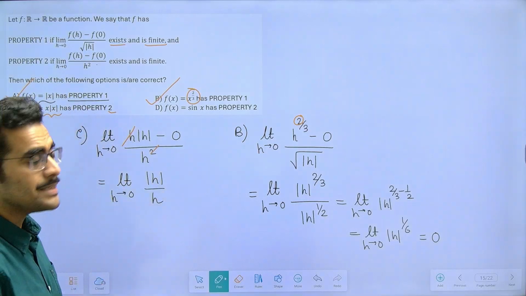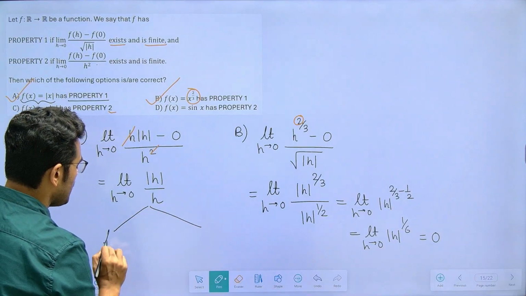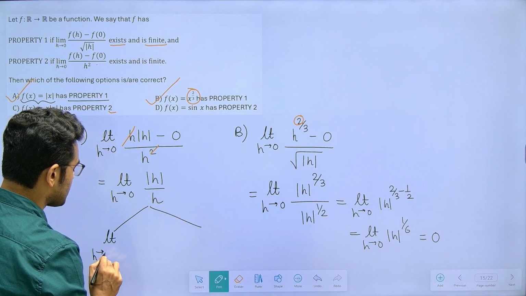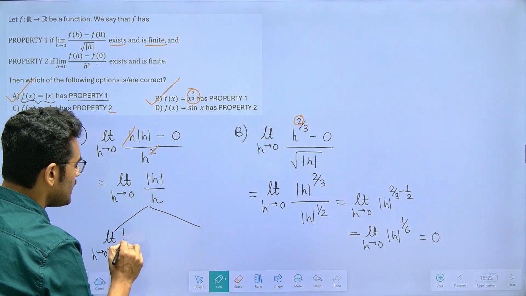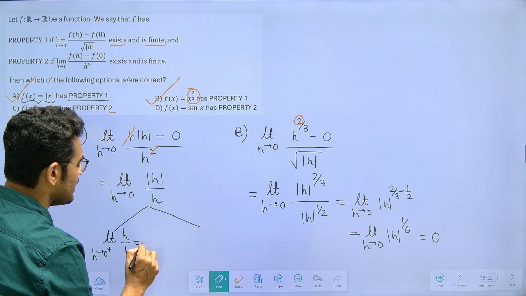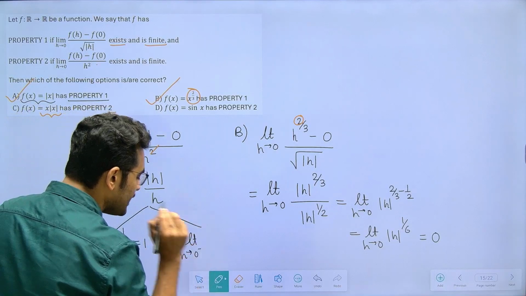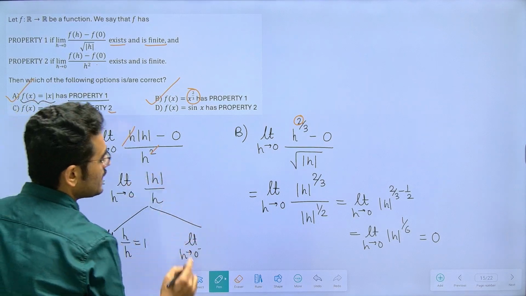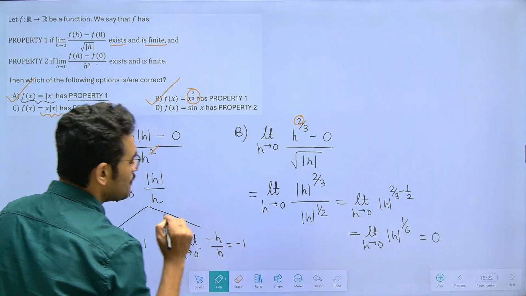Mod h by h. And here lies a contradiction, because if you take limit h tends to 0 plus, when h is tending to 0 from the right hand side, mod h will be h. So h by h, the limit value will be 1. And when h tends to 0 minus, from the left hand side of 0, mod h is minus h, so the ratio is minus 1.